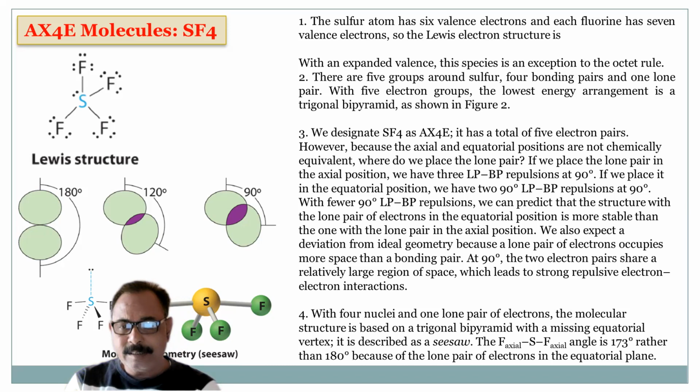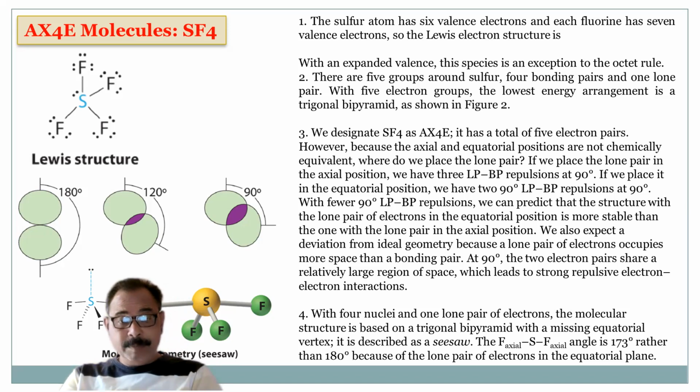If we place the lone pair in the axial position, we have 3 lone pair-bond pair repulsions at 90°. If we place it in the equatorial position, we have 2 lone pair-bond pair repulsions at 90°.